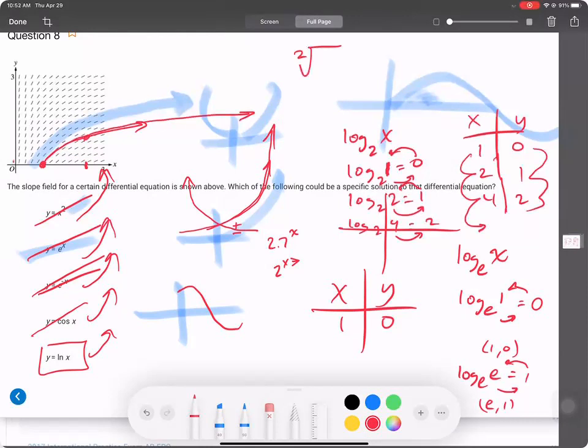But the square root graph starts way over here. That's where the square root graph would start. Because the square root of 0 is 0. But we can't take the square root of, there is no log of 0. This doesn't exist. Because no exponent of anything can give you back to 0. Okay? But it does have that similar shape, yes.